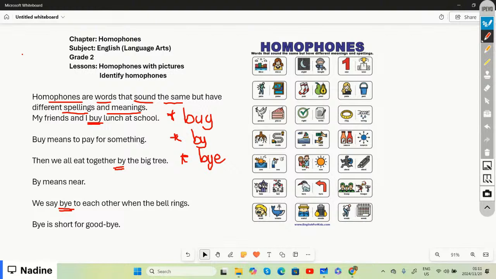All right. So once again, homophones are words that sound the same, like buy and bye, but the spelling of the words, as well as the meanings of the words, are different.